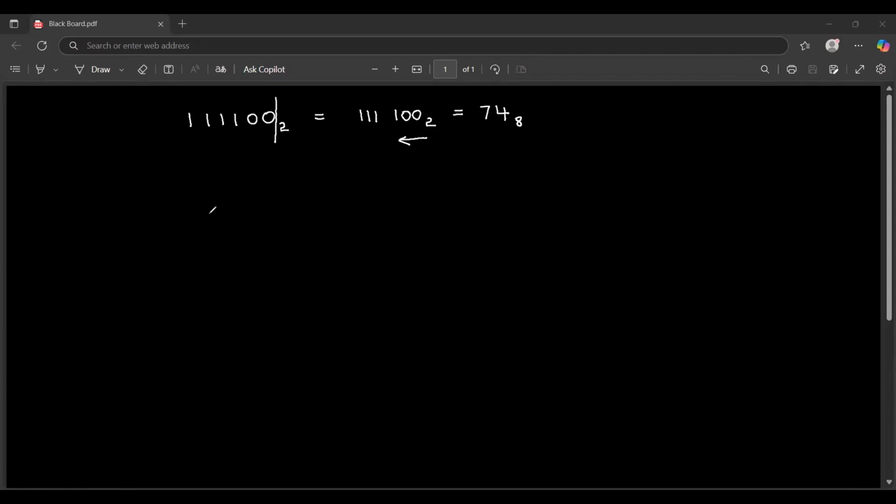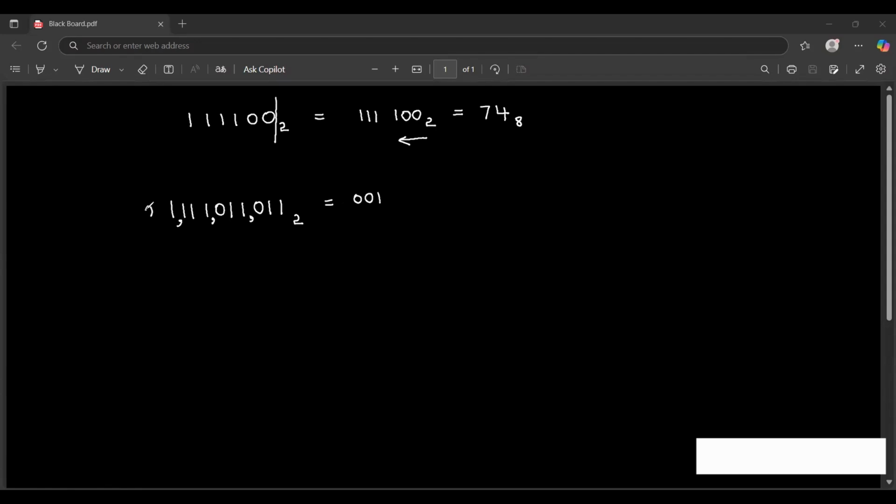Okay, rightmost digit. So let's say we have 1111010101 to the base 2. Well, put a comma so that you can easily see the groups of 3 digits. So it will be 001. You can put 2 zeros in front, because they don't carry any value. Nobody's going to blame you. Then we have 111, 011, and 011 to the base 2.